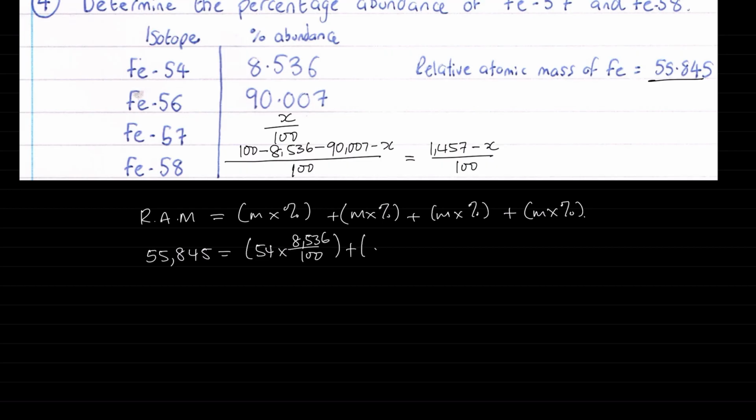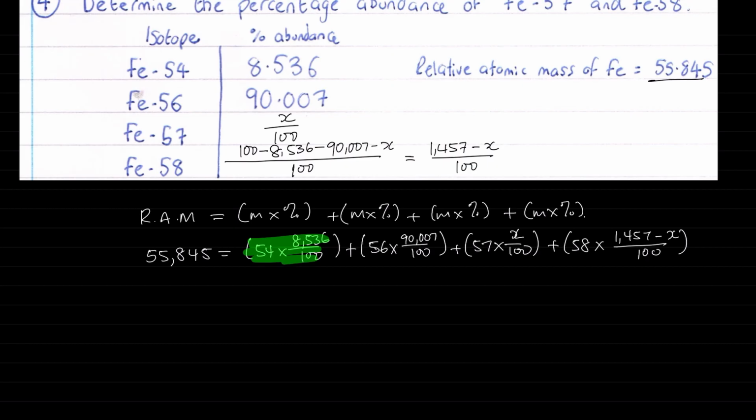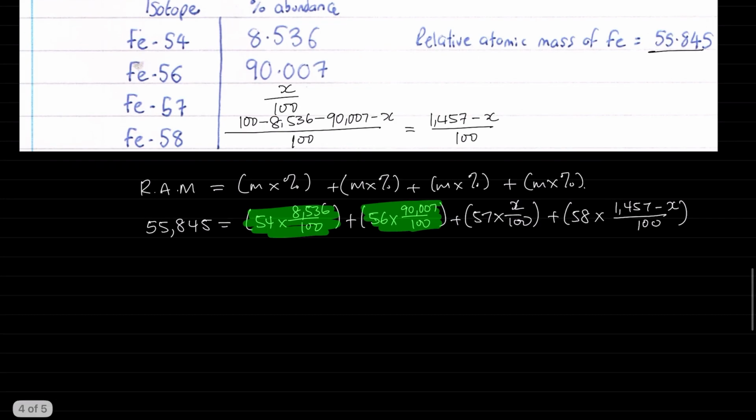The second mass is 56 and its percentage is 90.007 over 100. The third mass is 57 and its percentage is x over 100. The last one is 58 and its percentage is 1.457 minus x all over 100. And just like we've done before, remember these have no variables, so you can simplify these, get actual numbers, take it across, simplify, and then solve.